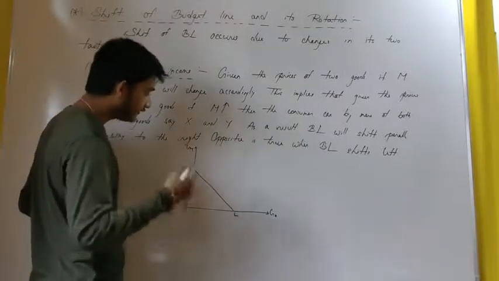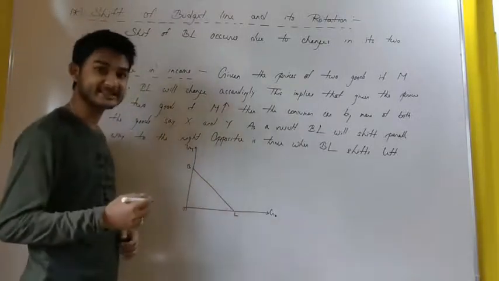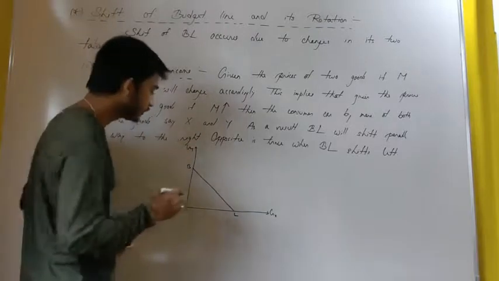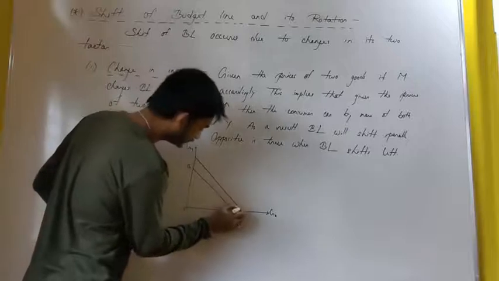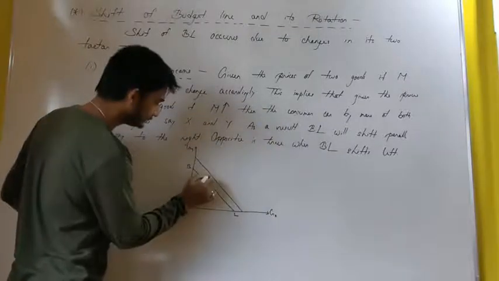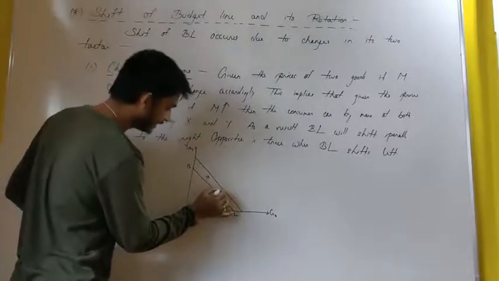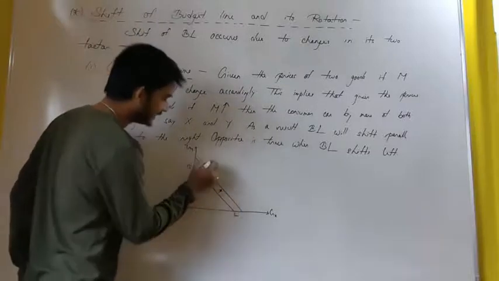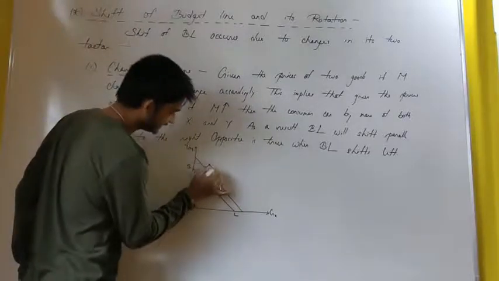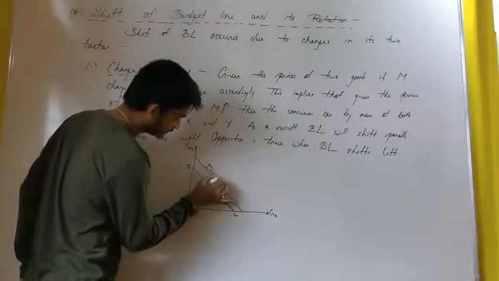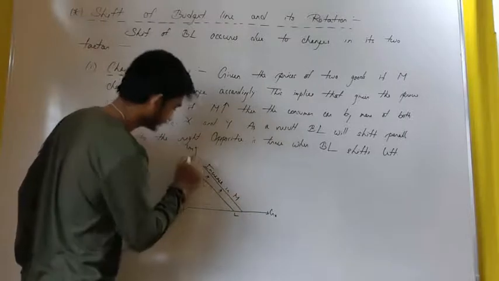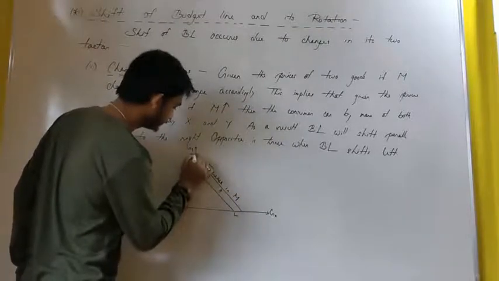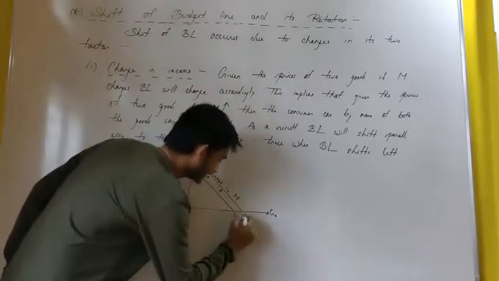Now, if money income increases, given the prices of two goods, the consumer can buy more of both the items. As a result, BL will shift parallel to the right. So increase in M. So now let's give it a name, B star, L star.